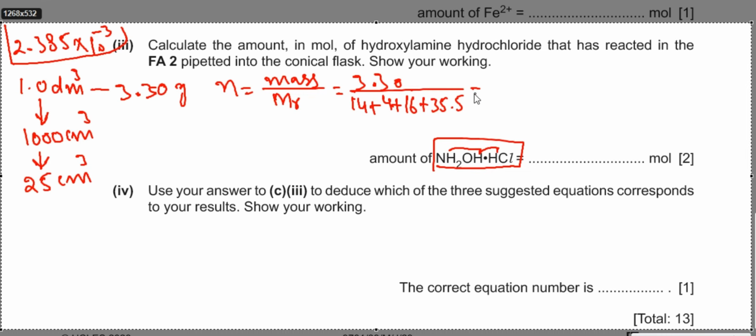So 3.30 divided by 14 plus 4 plus 16 plus 35.5. The final answer I'm obtaining is 0.047. Okay, let me take one minute.